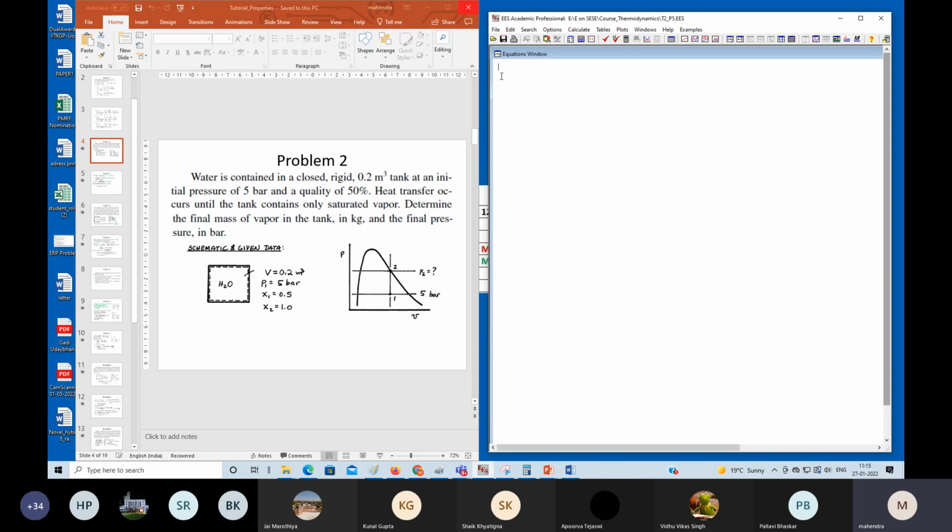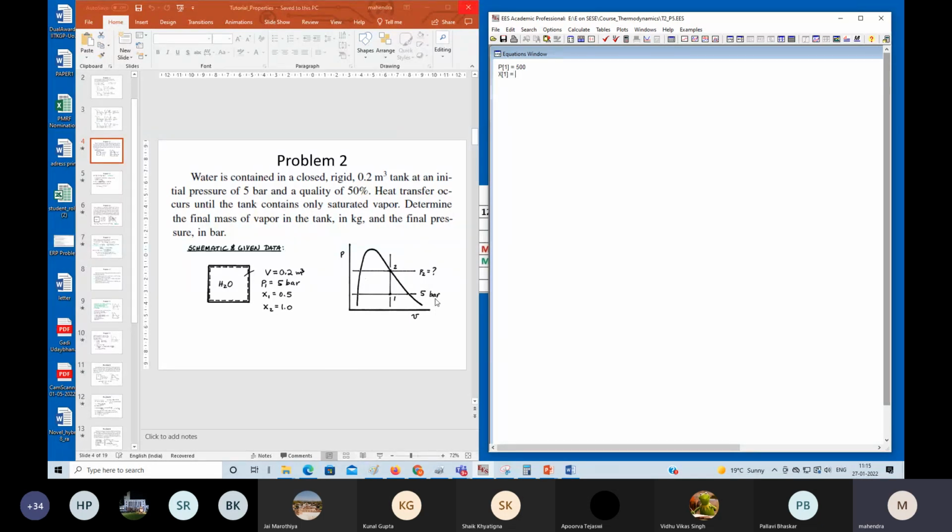So here we are giving P1, that means pressure 1. This is 5 bar, but what are our units? We have given kilopascals, which is the reason I am giving 500 here. Then, what is X representing? Dryness fraction.